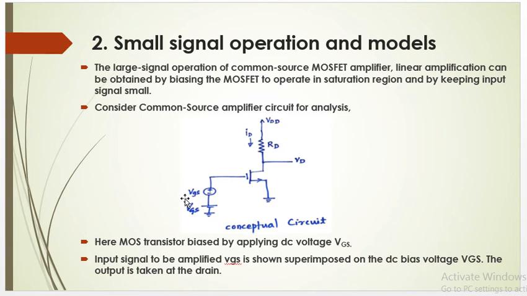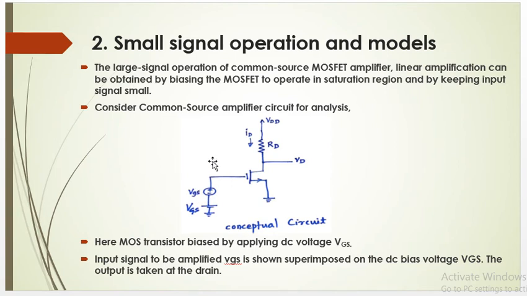One is with the lowercase letters vgs, the other is uppercase VGS. The uppercase VGS corresponds to a DC voltage connected for biasing, whereas lowercase vgs corresponds to the signal that needs to be amplified, which is a time varying signal whose amplitude is not constant. So VGS plus vgs will be the input at the gate terminal. VGS is constant DC and this is the variable component.